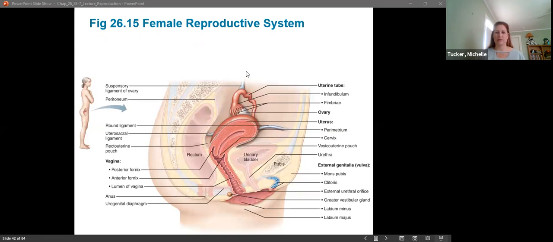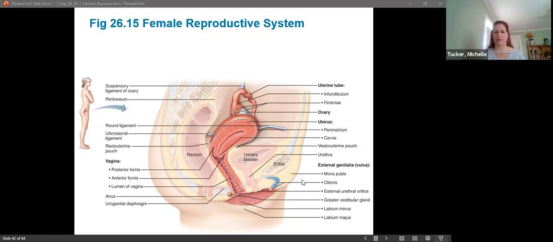We also looked at the round ligament, which is over here, in lab. So those are two of the major ligaments, the round ligament and the suspensory ligament, and then there's something called the broad ligament, which I guess is not on this diagram.